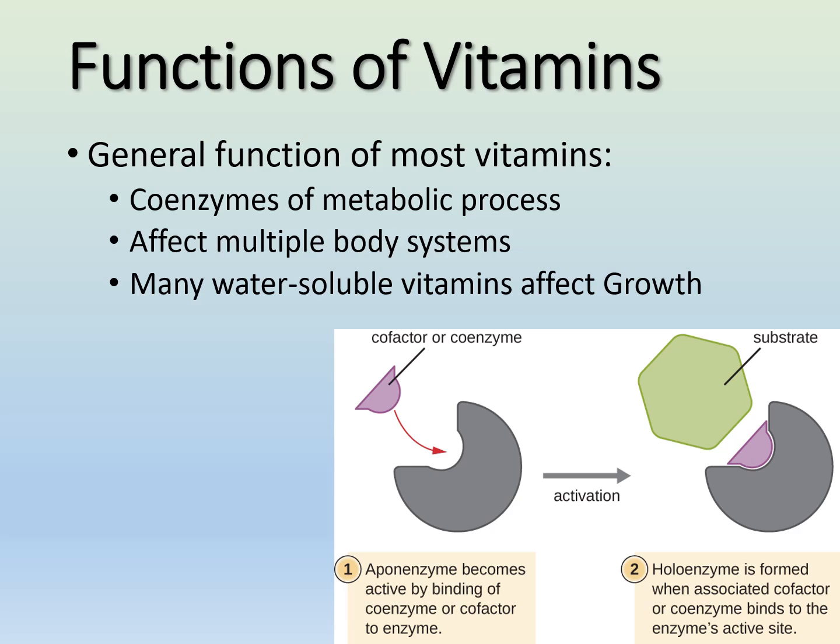So essentially, the coenzyme is going to bind the enzyme itself at that kind of activation site. And it's going to make that enzyme either more effective or even activate it so that it can bind that substrate for that chemical reaction. So coenzymes can be very important in these metabolic processes. That's a big function of vitamins.